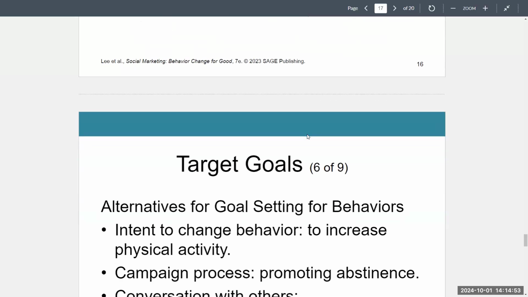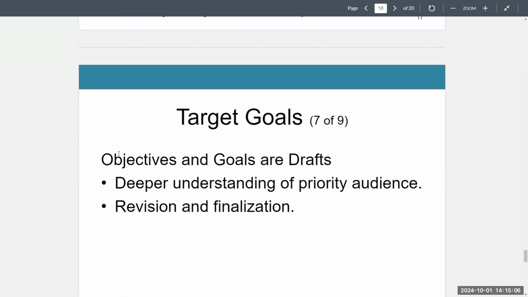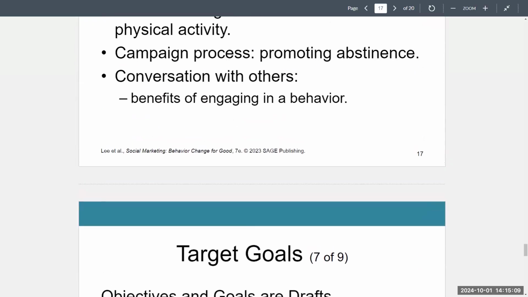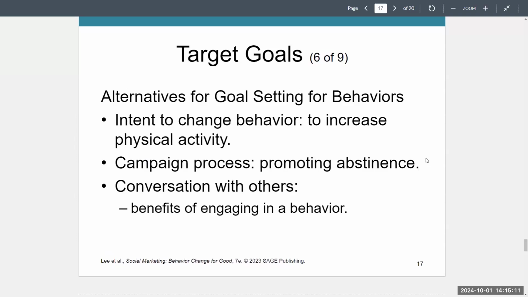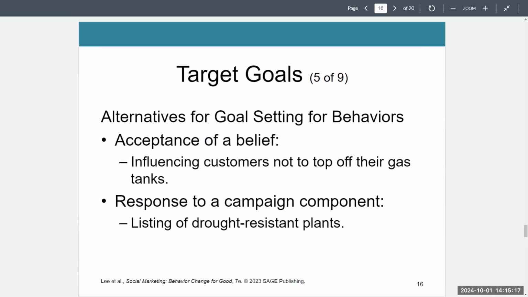More of these alternatives for goal setting for behavior. Okay. So in more of these goals, we're looking at acceptance of beliefs. This type focuses on influencing your target audience to adopt or accept a specific belief or attitude.